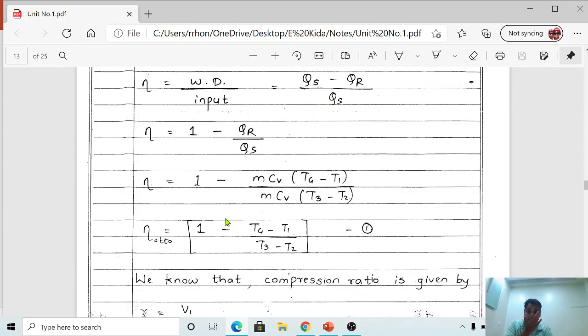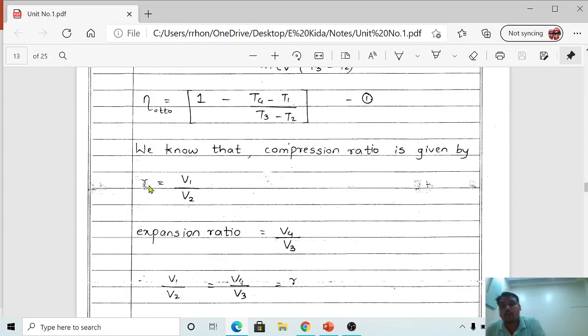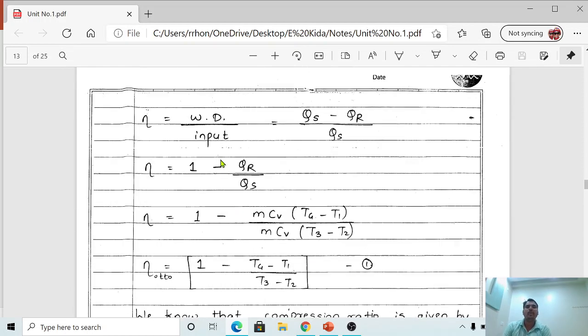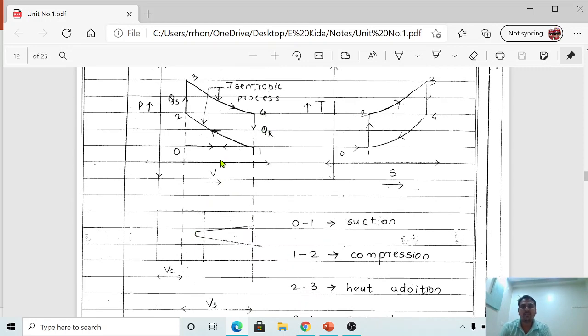So we can write over here, let us consider compression ratio is r, which represents V1 by V2. This is the compression ratio, and similarly expansion ratio is equal to V4 by V3. So dear friends, you just understand, whatever amount of air and fuel mixture gets compressed during the process of compression, that amount only will get expanded.